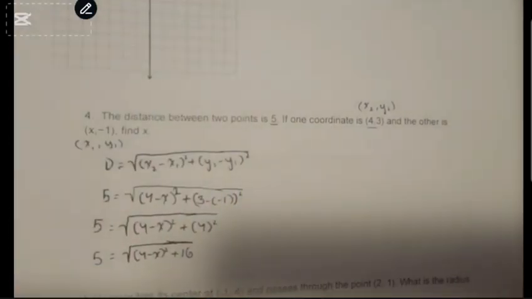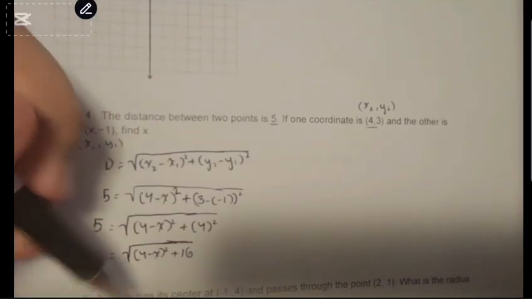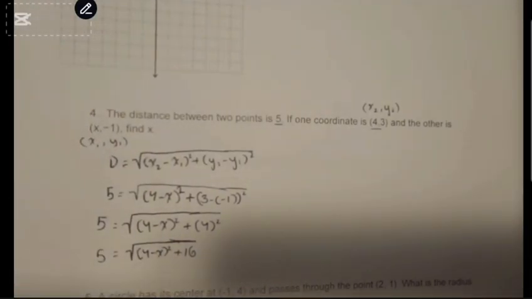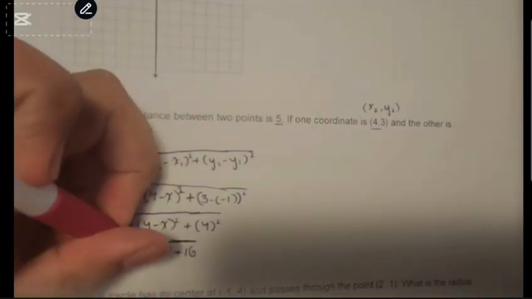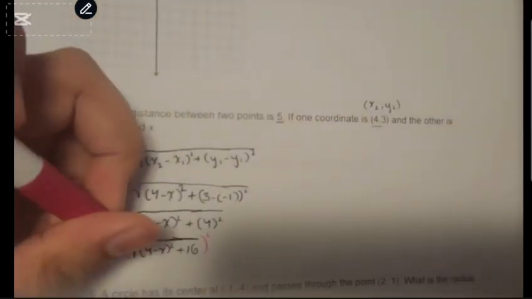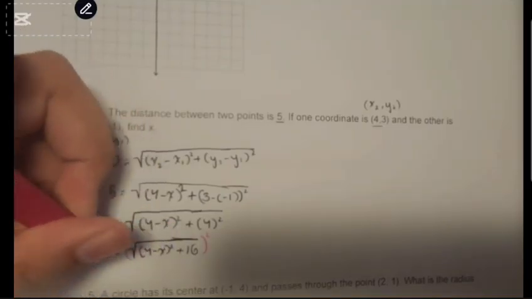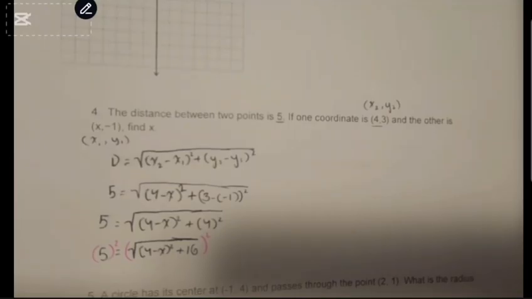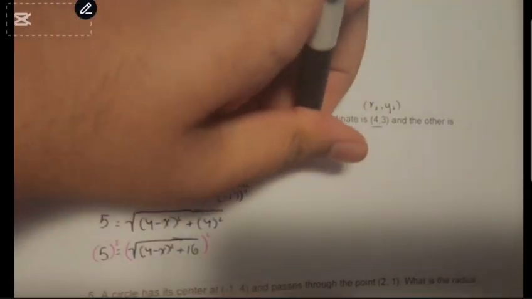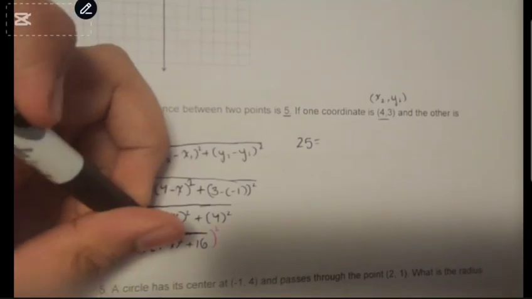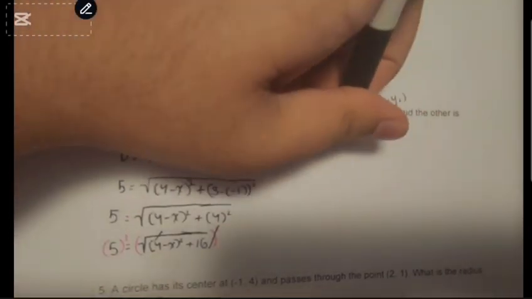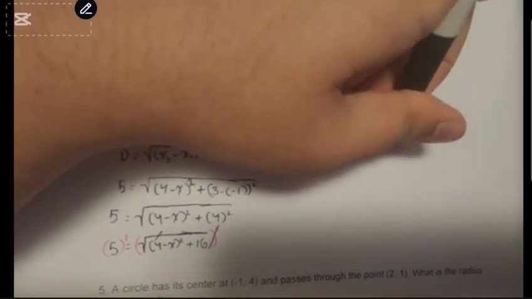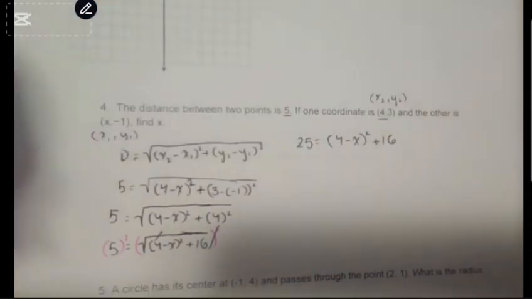So now you may be thinking, how are we going to isolate the x to find what x is? Well, one thing we can do is square both sides to the power of 2, because this will cancel out the square root, right? And whatever you do to one side, you have to do to the other. So now we're going to have 25 is equal to 4 minus x all to the power of 2 plus 16.